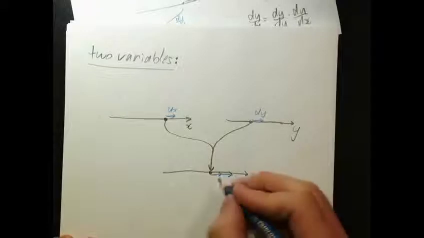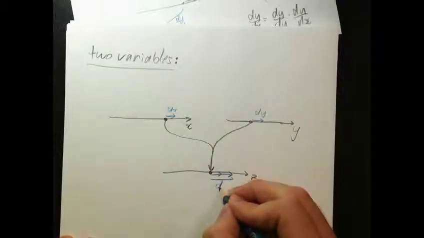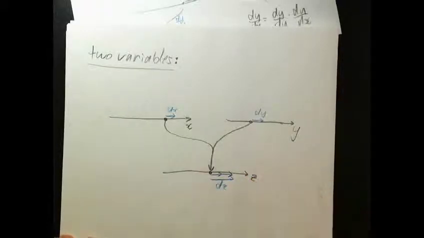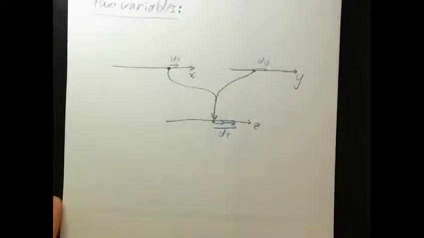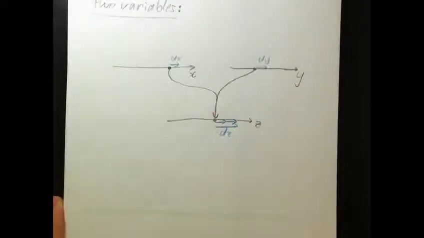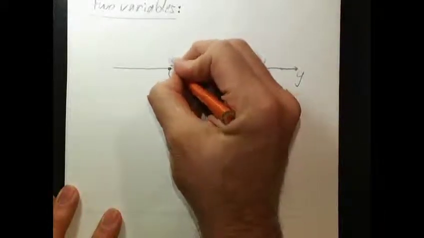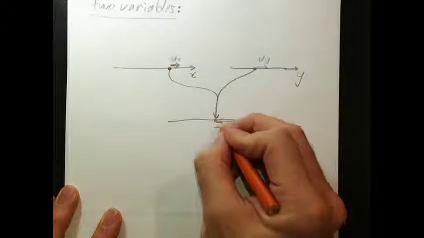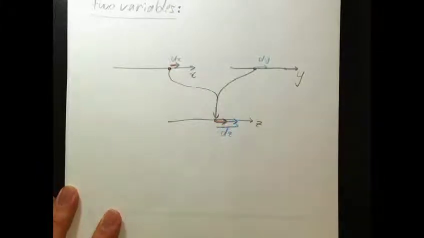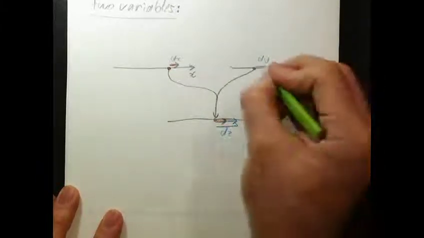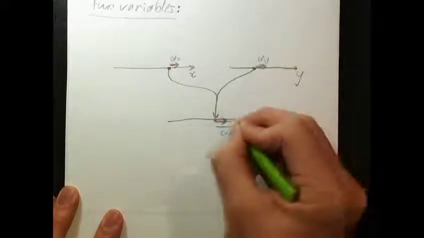And together, those two changes are the change in z. Okay? I'm just going to recolour this one. That's the one that goes with x, the orange one. And this is the one that goes with y, green one.